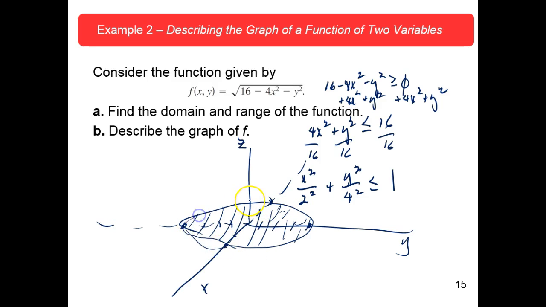It's just a really ugly ellipse. Doesn't look like one. Okay. So when x is equal to plus or minus 2, then y would have to be, oh yeah, we got all that in there.